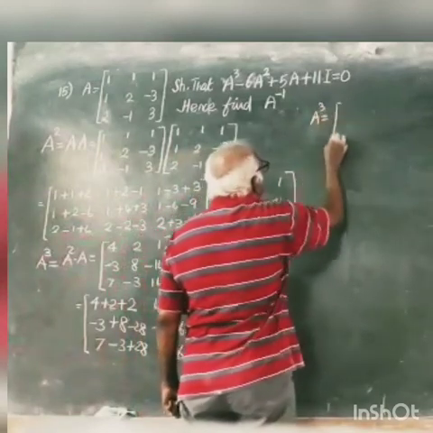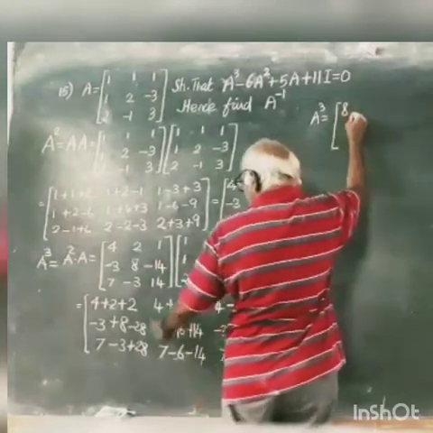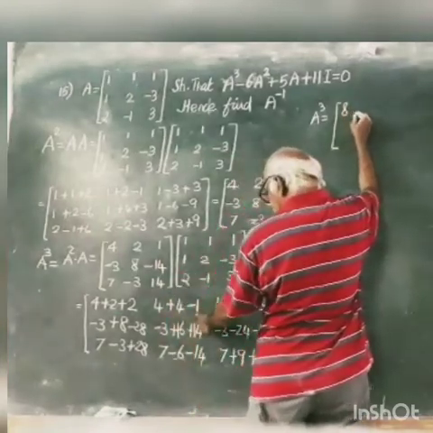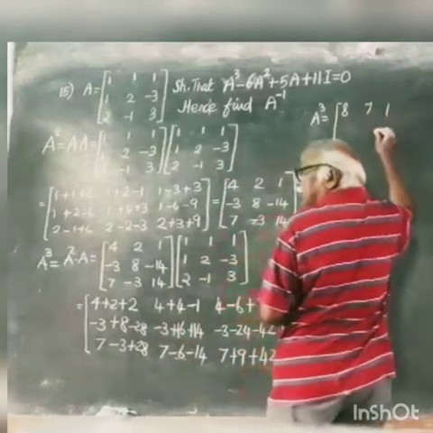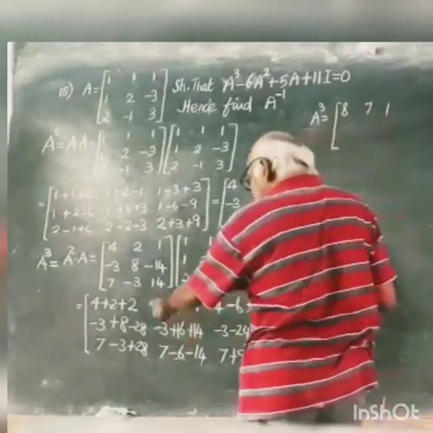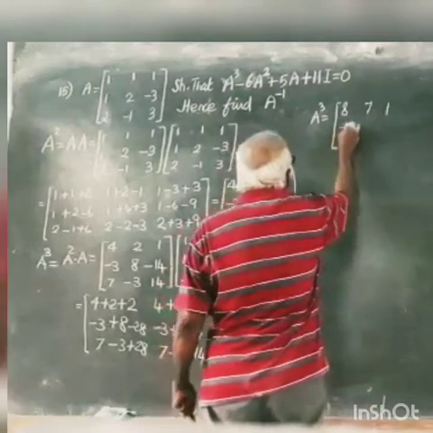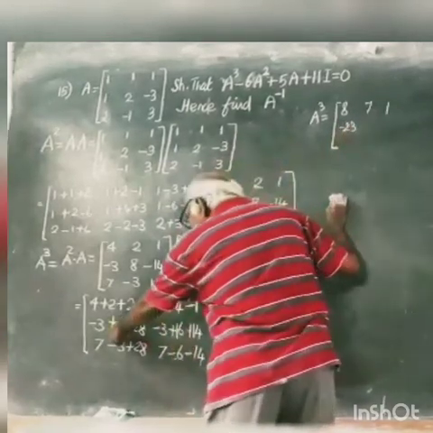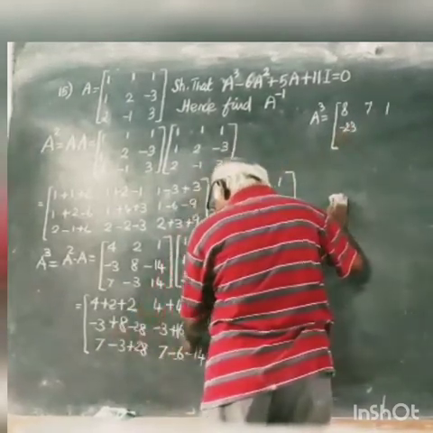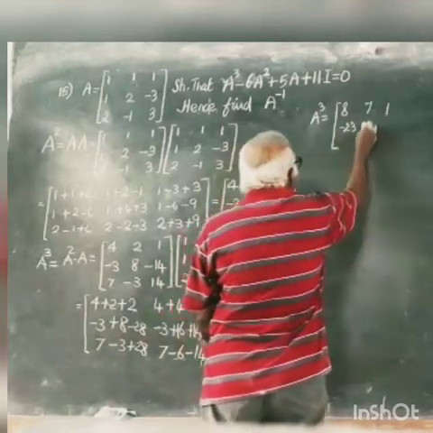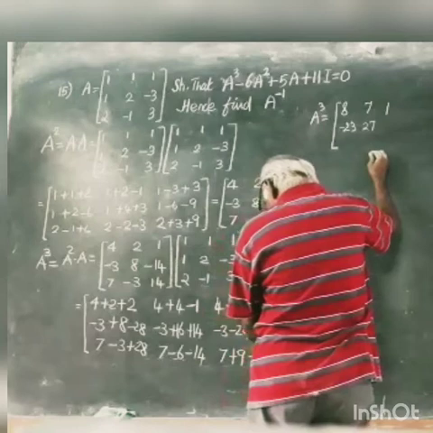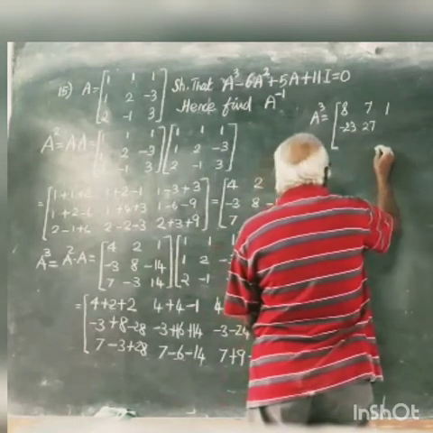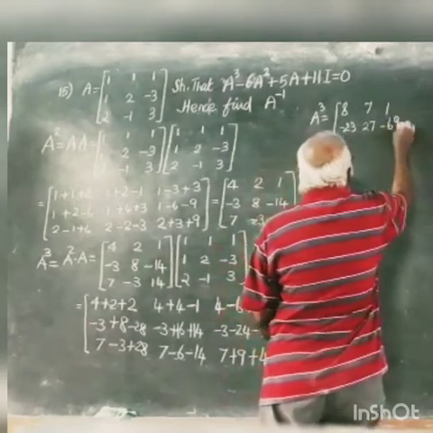A cube is equal to 8, 7, 1. Then minus 23, 14, 30, 27, and this is minus 27, 69, minus 69.